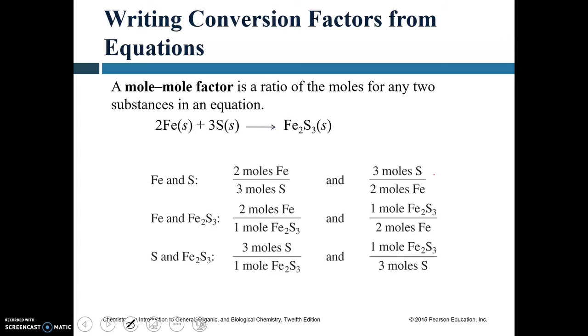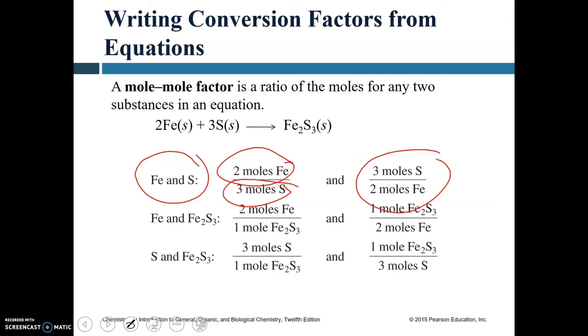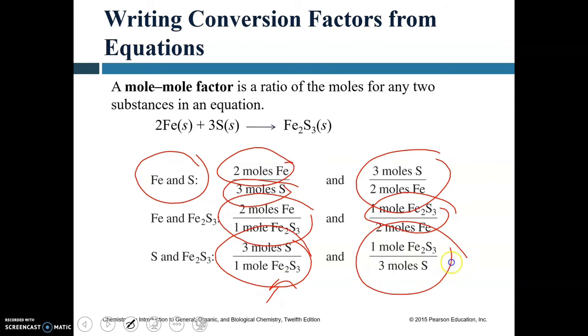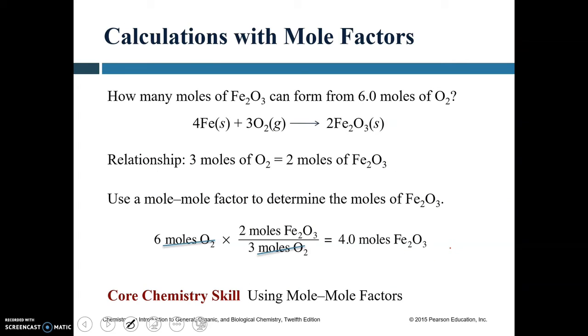For instance, the mole-mole factor for iron and sulfur is 2 moles of iron per 3 moles of sulfur, or vice versa. The mole-mole factor for iron and iron 3 sulfide is 2 moles of iron per 1 mole of iron 3 sulfide, or vice versa. The mole-mole factor for sulfur and iron 3 sulfide is 3 moles of sulfur per 1 mole of iron 3 sulfide, or vice versa.